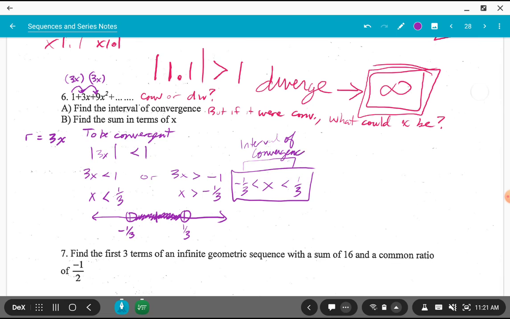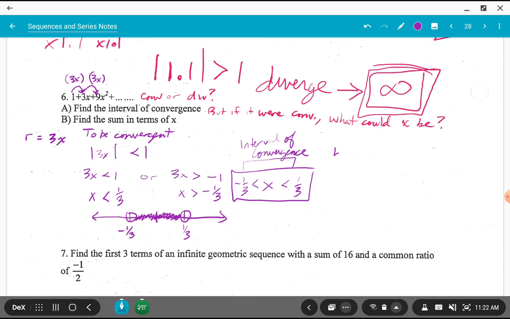As long as x is in between these values, you have a series that is going to converge. If you're outside these values, then it's going to be a divergent problem. So that's how x is playing a role in this series.